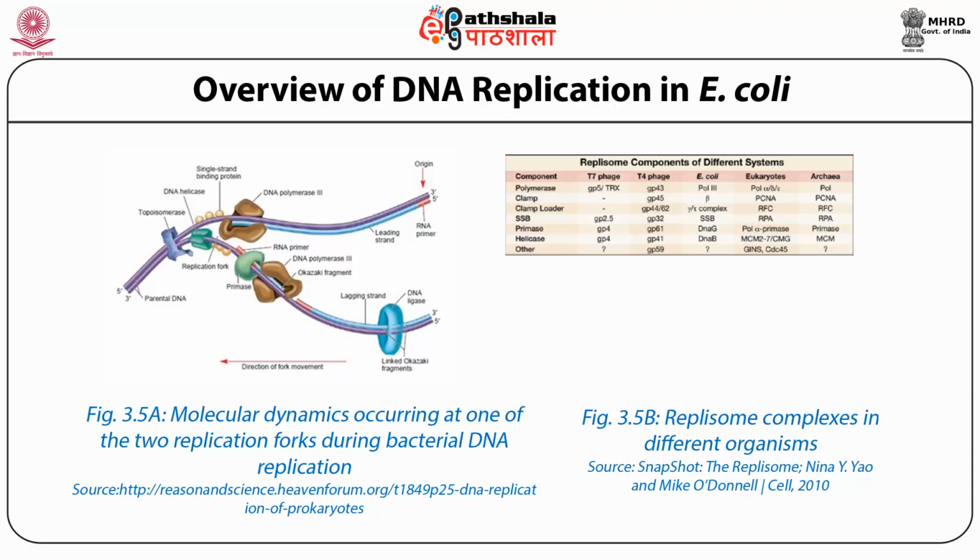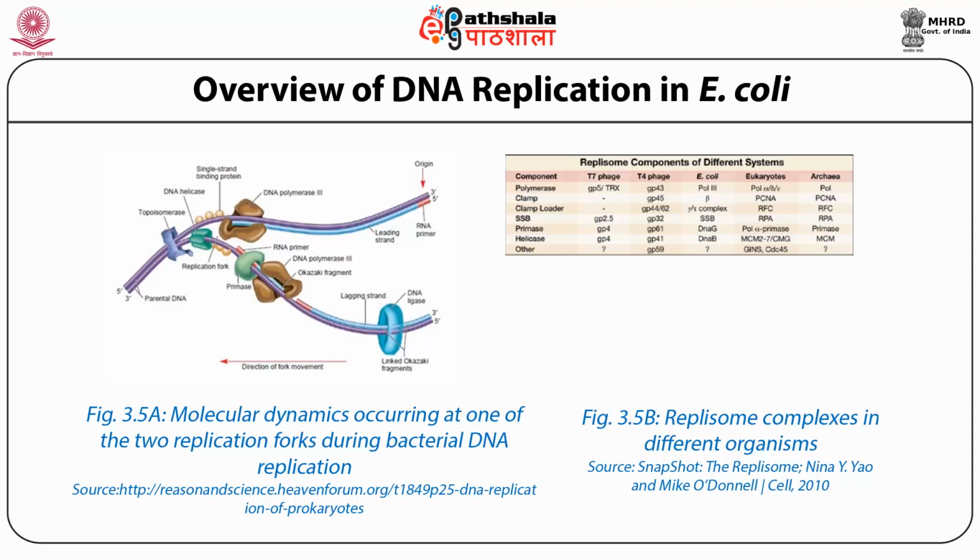The replication fork is stabilized by the replisome complex, which is again a multi-protein complex. This happens to be conserved across all organisms. However, the components of the replication complex are different in different organisms.